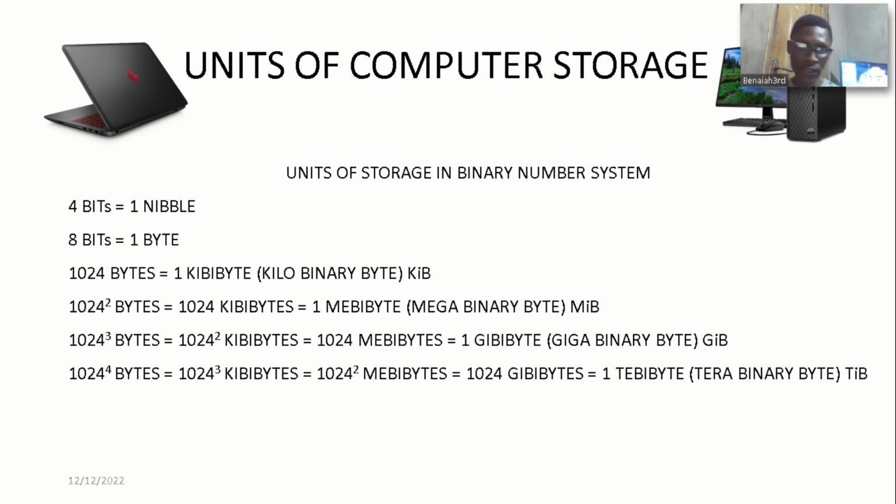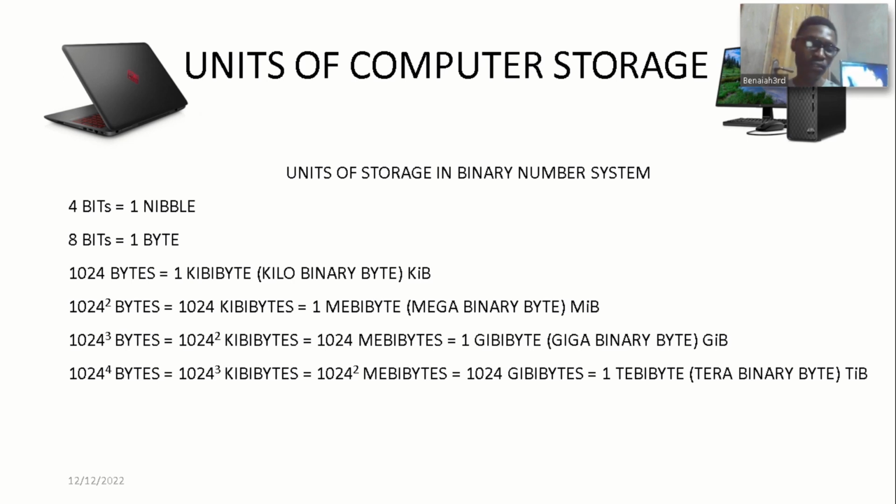Then the last one is 1024 raised to power 4 bytes, which is equal to 1024 raised to power 3 kibibytes, which is equal to 1024 mebibytes, which is equal to 1024 gibibytes, and equal to 1 tebibyte or tera binary byte, TiB.